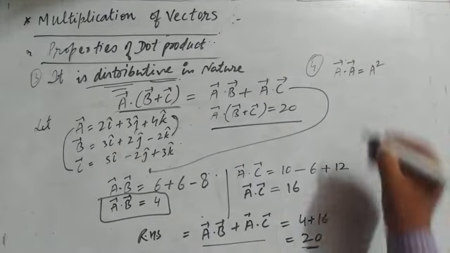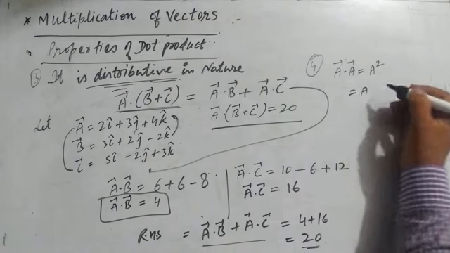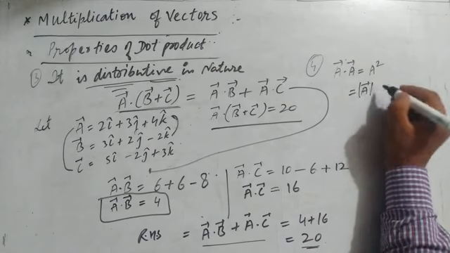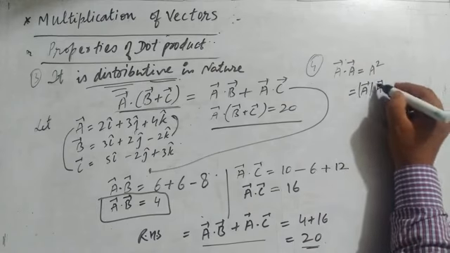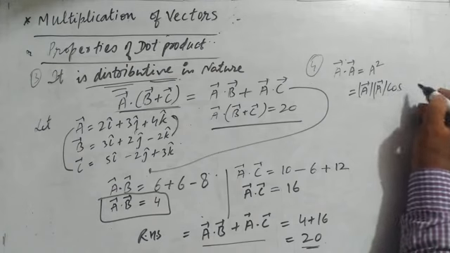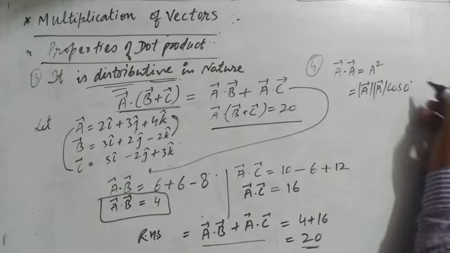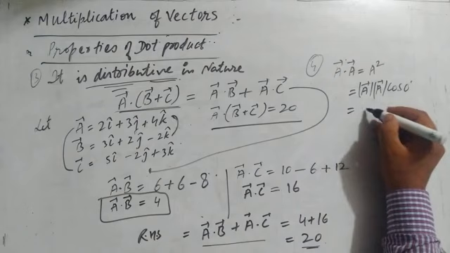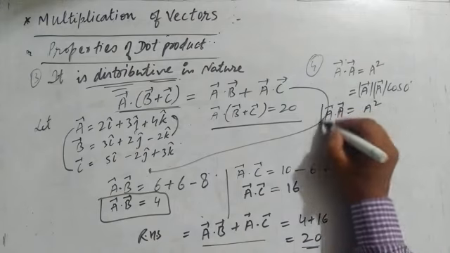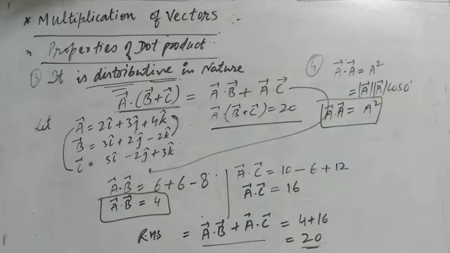Now we can prove this by using a simple method: magnitude of A into magnitude of A into cos of the angle between them, and the angle between them is 0 degree. So this becomes A square. So A dot A is equivalent to square of its magnitude.